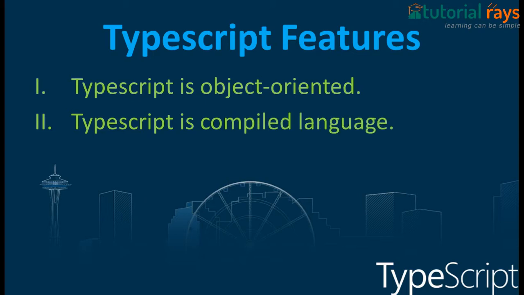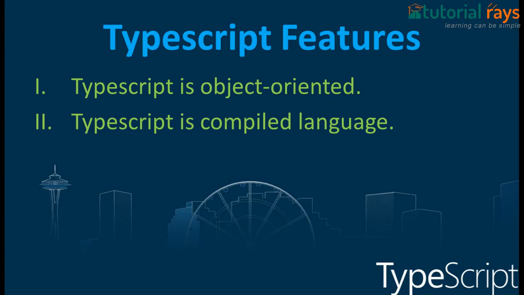The second one is that TypeScript is a compiled language. As you know, JavaScript is an interpreted language. That means you write the source code and the same source code runs. It doesn't produce any new file. But in case of TypeScript, first of all, you have to compile, and then a new .js file is generated, and ultimately that JS file runs in the browser.